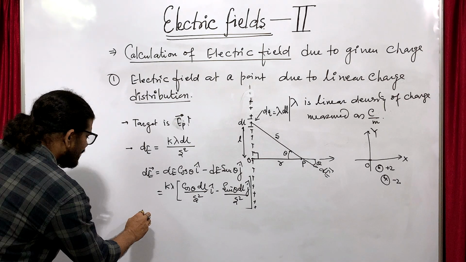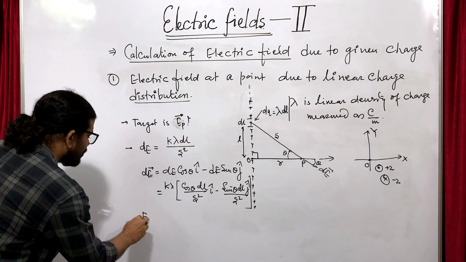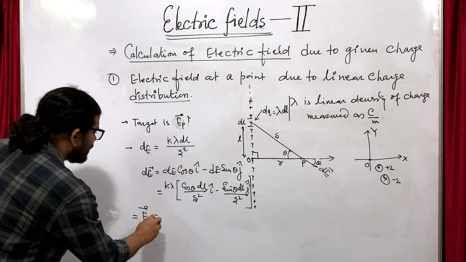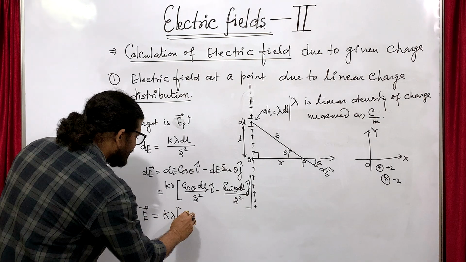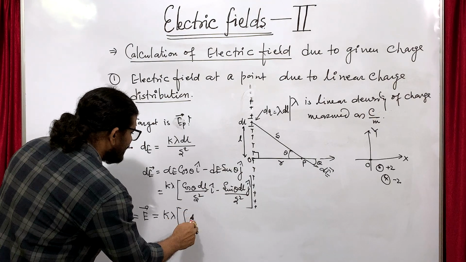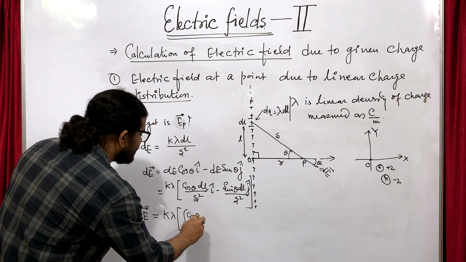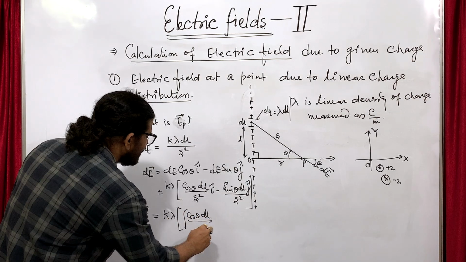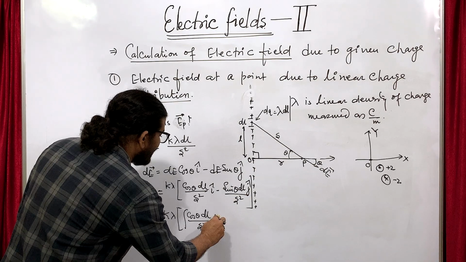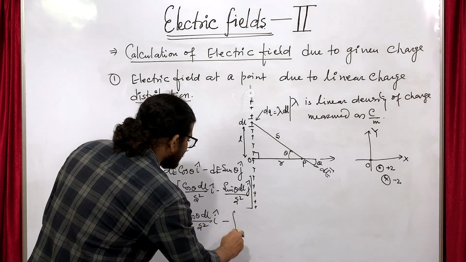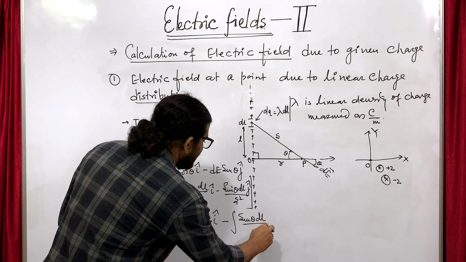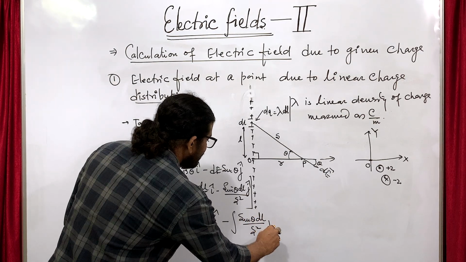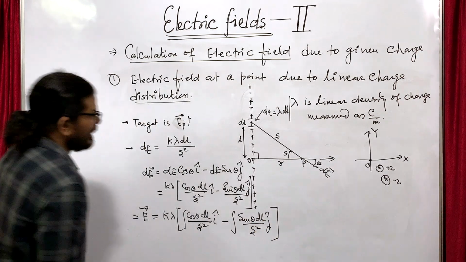Therefore, E will be equal to k lambda into the integral of cos theta dl divided by s square i cap minus the integral of sin theta dl divided by s square j cap, bracket closed.